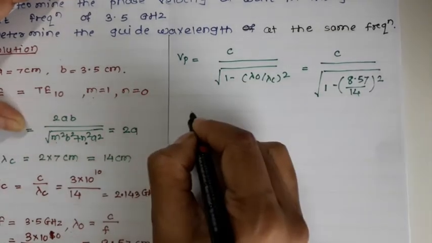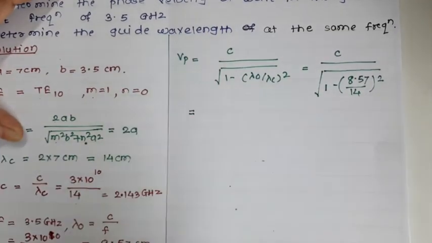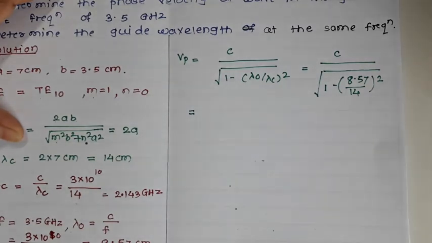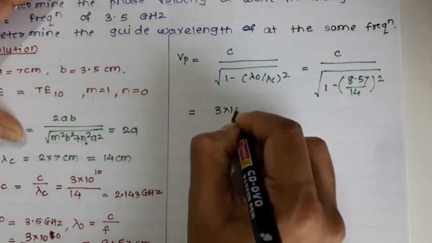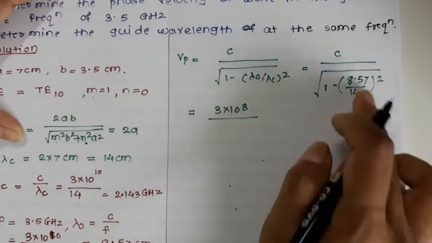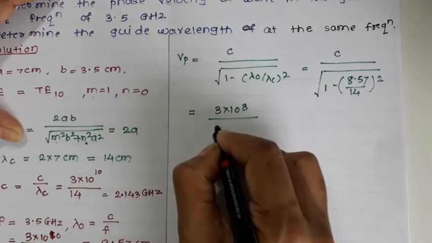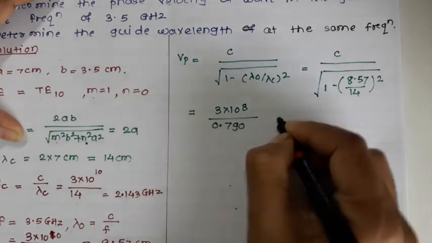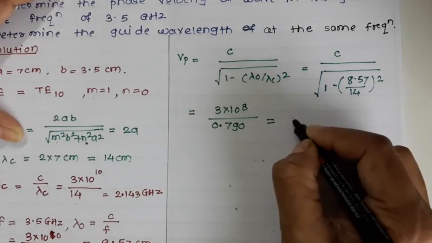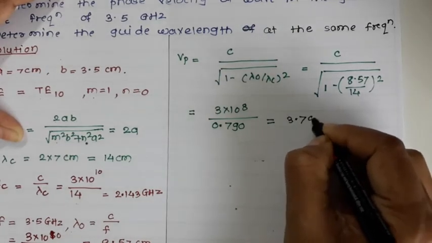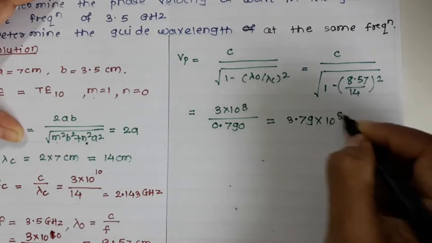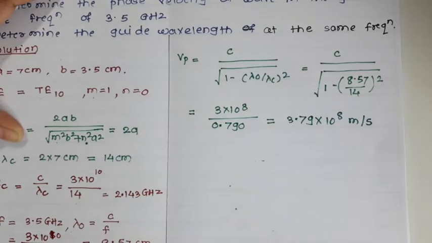Further calculating, this is 3 into 10 raised to 8 divided by the square root of 1 minus (lambda 0 by lambda c) square, which comes to 0.790. So the phase velocity I am getting here is 3.79 into 10 raised to 8 meters per second. This velocity will be in meters per second.